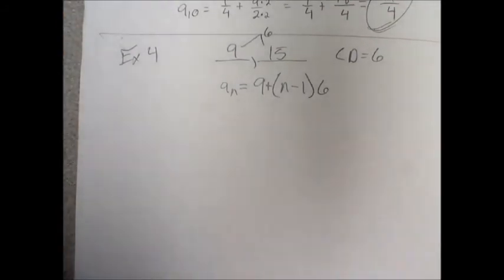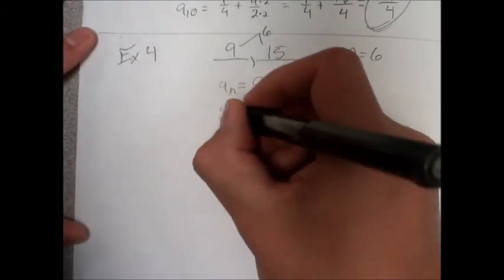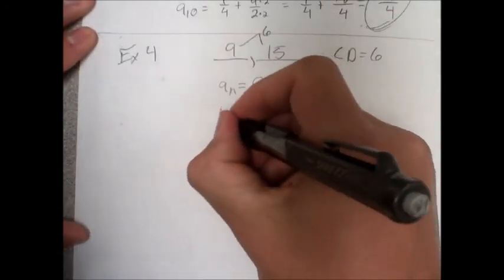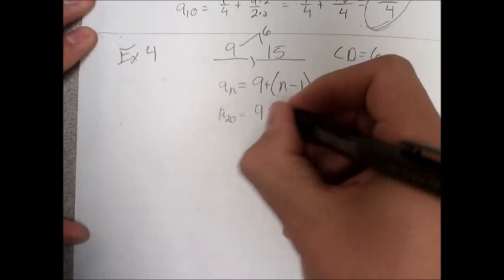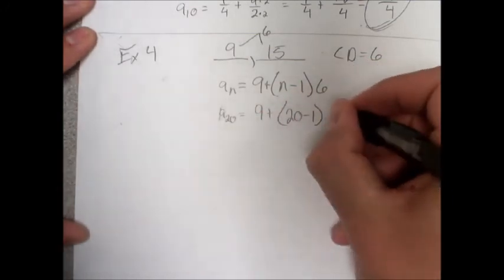Now it says use the rule to find out 10. I feel like we're getting too comfortable with 10, so I'm going to change it up. Let's find 20. So we're going to find the 20th term. So it's a sub 20. Then we have 9 to start with, and we add 20 minus 1 multiplied by 6.